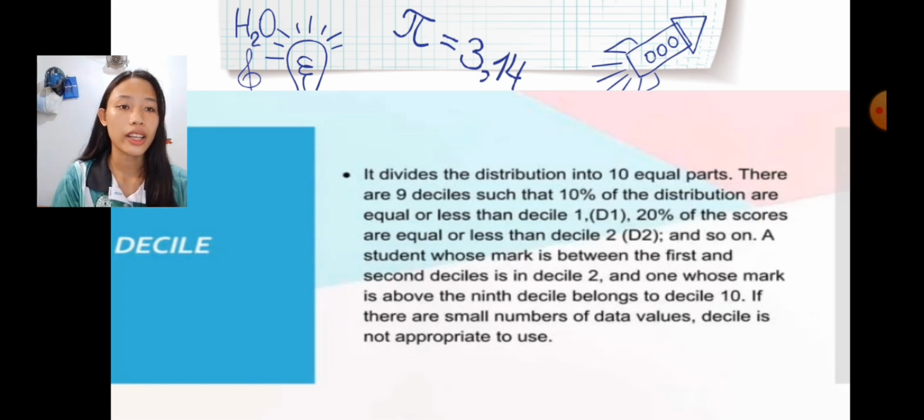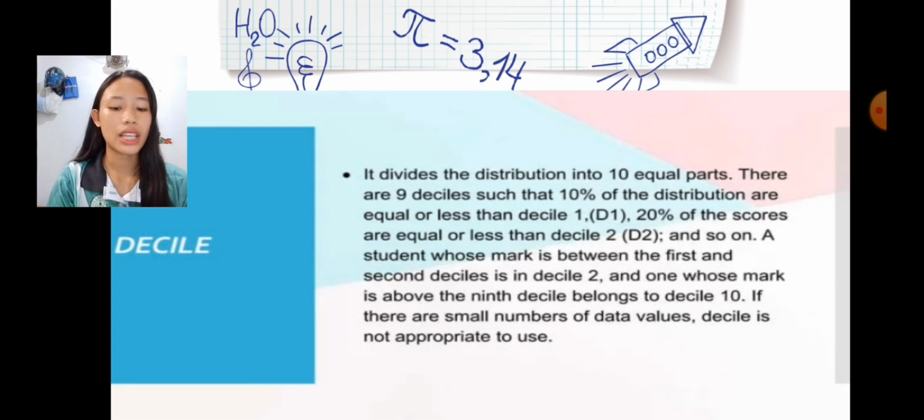So decile 1 is the bottom 10% of the data, decile 2 is the bottom 20% of the data, and so on. Decile 10 represents the top 10% of the data.